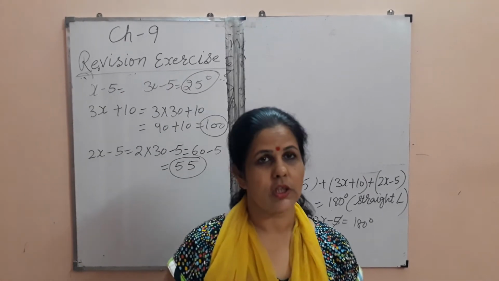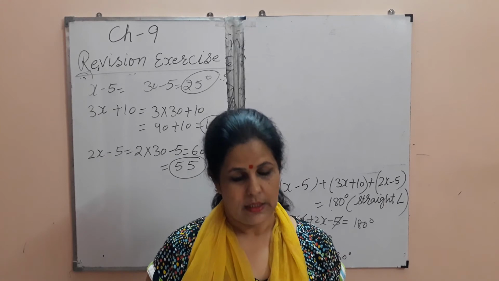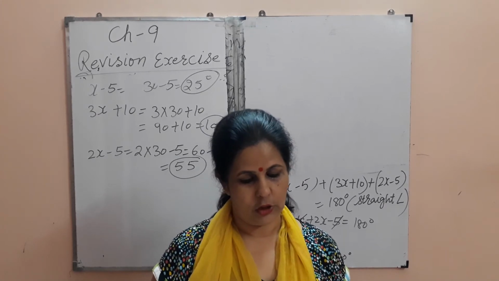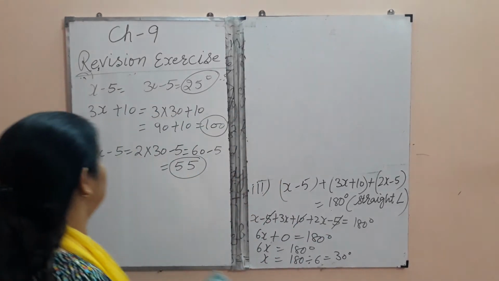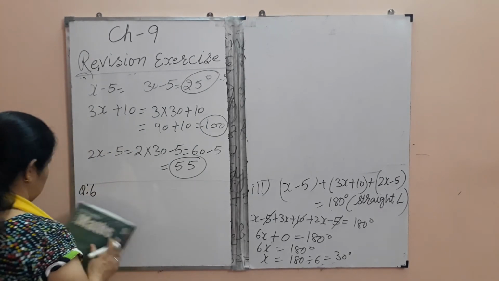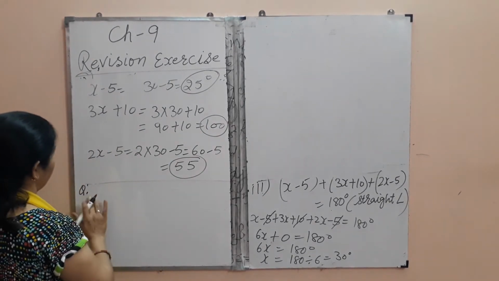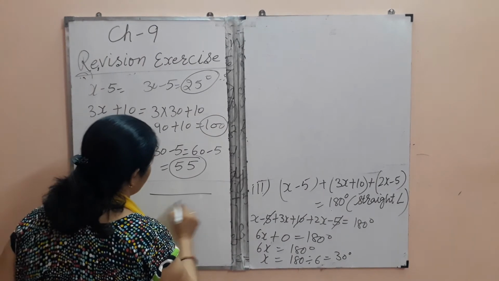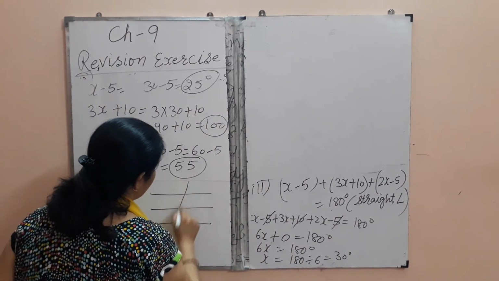Now in this question number 5, there are 3 lines and 1 transversal. So how will we do it? Let's solve it. Question number 5. There are 3 lines and 1 transversal.